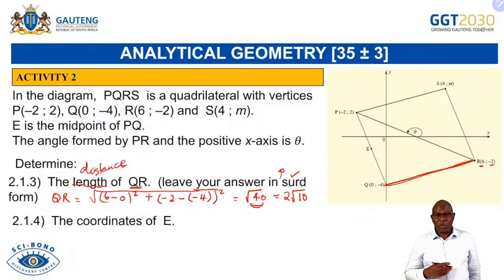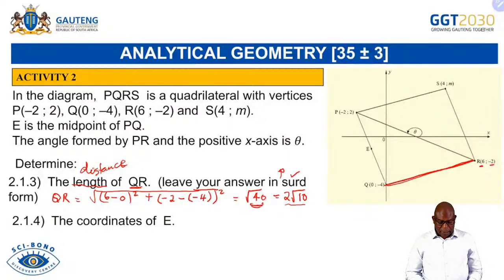So please don't go to a calculator and start pressing square root of 40 and get decimals. Leave your answer in surd form. If you want to be smart, you can leave it at 2 root 10, but not as a decimal. Okay, I hope I'm very clear on that. Now, to do that, from here to there, you can use a calculator. Just go square root of 40. The calculator will immediately give you 2 root 10.